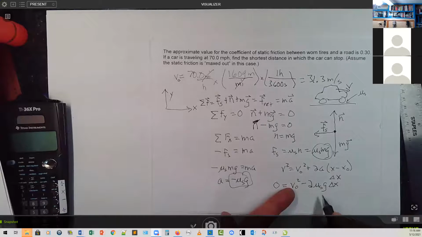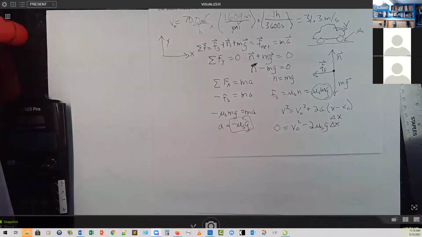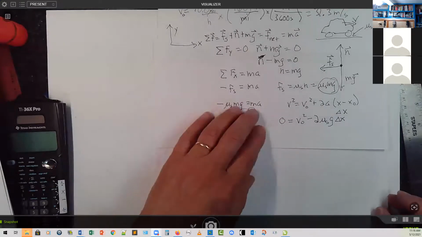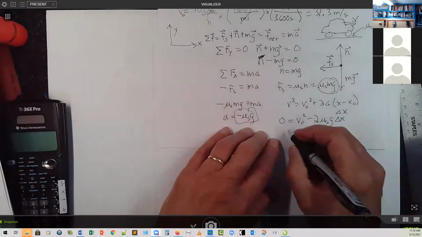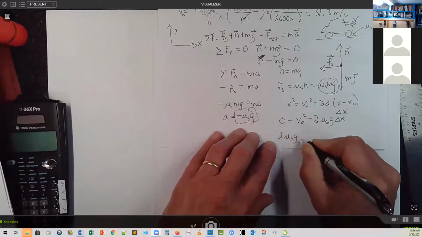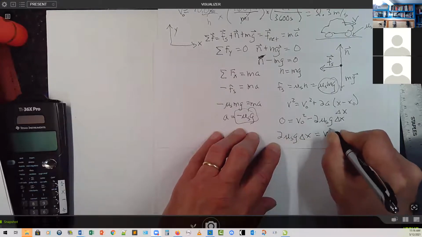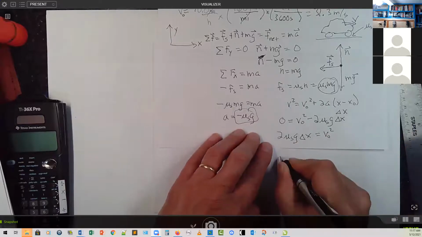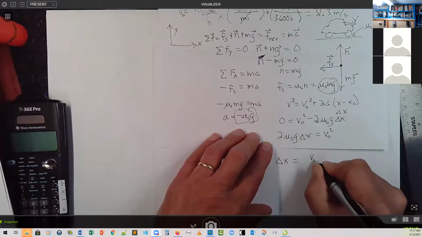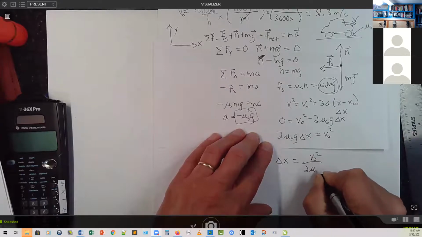Okay, well, I can solve this now. Let's see, I may bring in a piece of scratch paper so I can keep going in the same direction. 2 mu sub s g delta x is equal to v naught squared, or delta x will equal v naught squared over 2 mu sub s g.